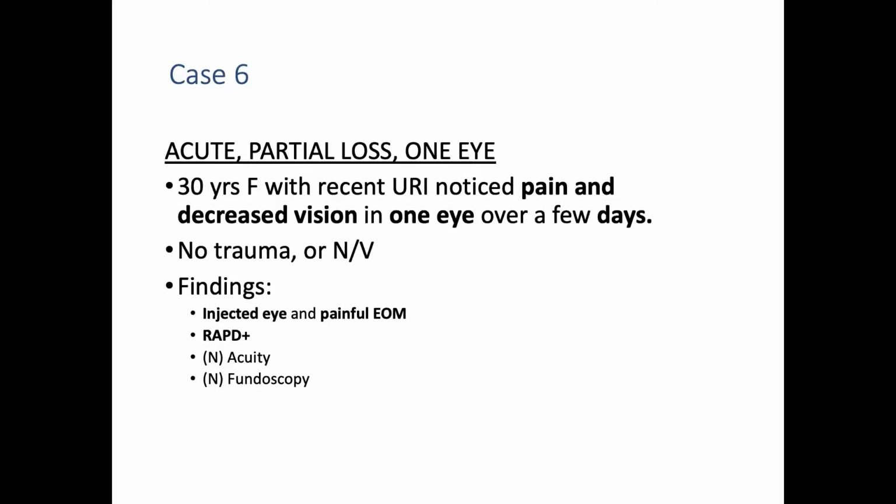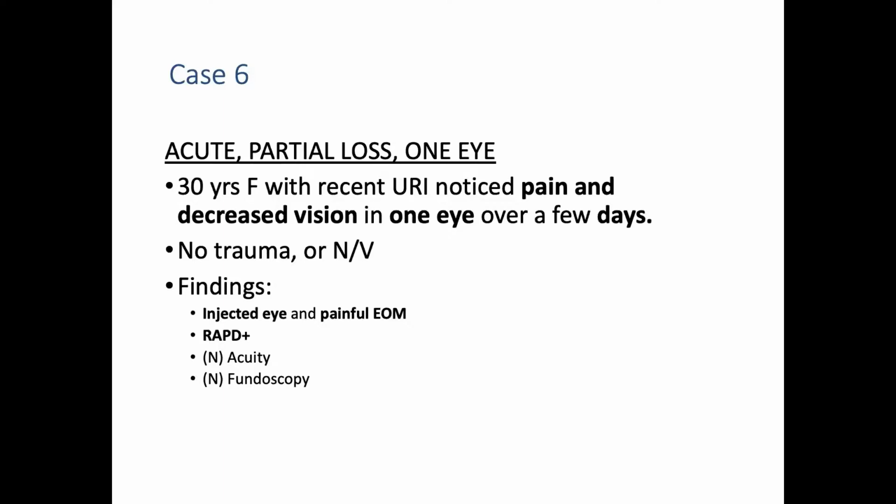RAPD is positive, normal acuity, and normal fundoscopy. Again, I think you'd be worried about having a retrobulbar cellulitis here with the painful extraocular eye movements and injected eye with a previous history of a URI.